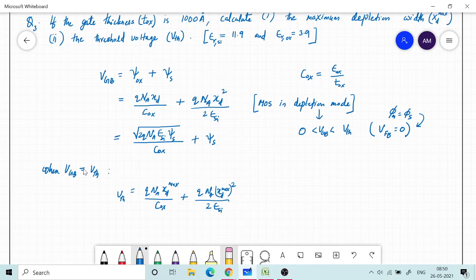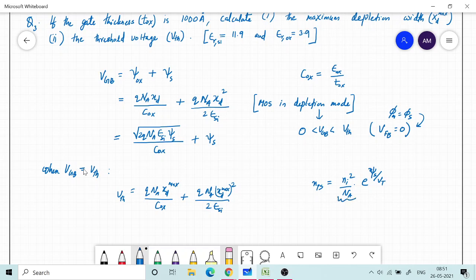There is some amount of information I want to add to what we have discussed already. As we have seen in the second part of the problem, we derived NPS, which is ni square by Na into e raised to psi s by Vt. So this is what we used to derive the expression.